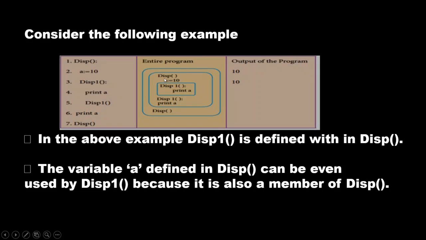So the value of the variable a can be accessed by both display as well as the display1 function. That is why we get the output 10 and 10. So the variable a is defined as a local variable as well as an enclosed scope variable.